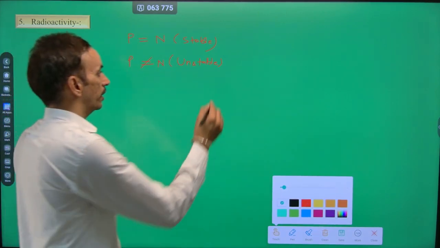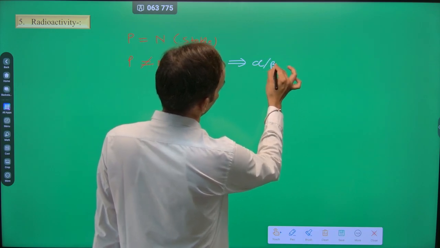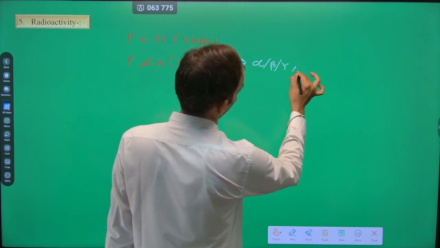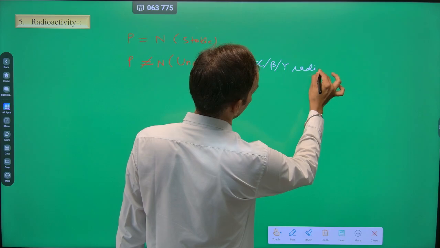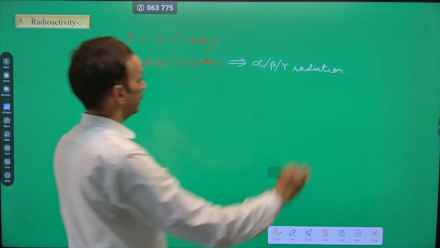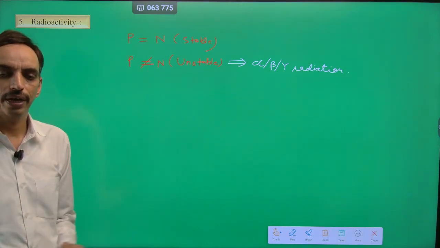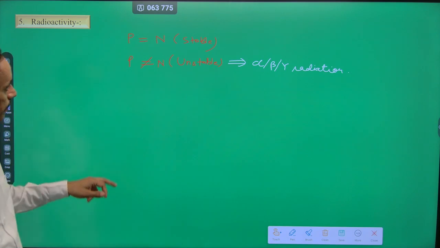And this nucleus will degenerate in the form of alpha, beta and gamma radiation, which is known as radioactivity. So we can say that radioactivity is the property of an unstable nucleus.